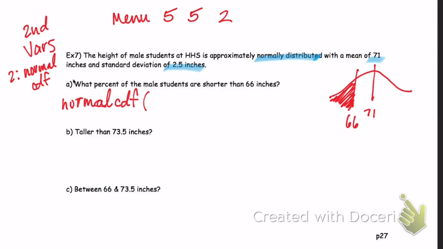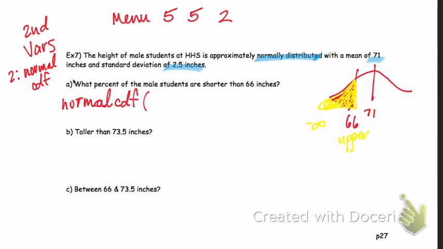So when you're thinking of this normal curve, lower and upper is kind of like your domain, from left to right. So my shaded area right here is everything from negative infinity all the way to 66. So my upper bound would be 66. And this is negative infinity.